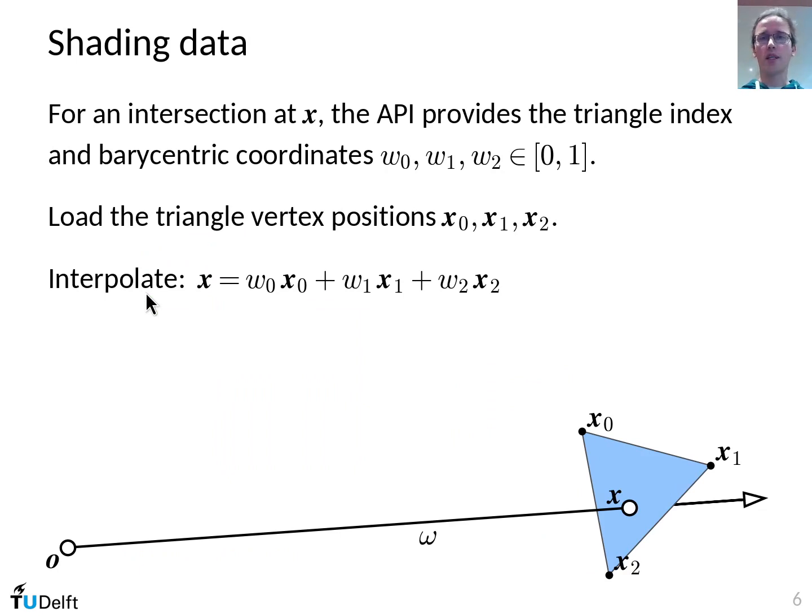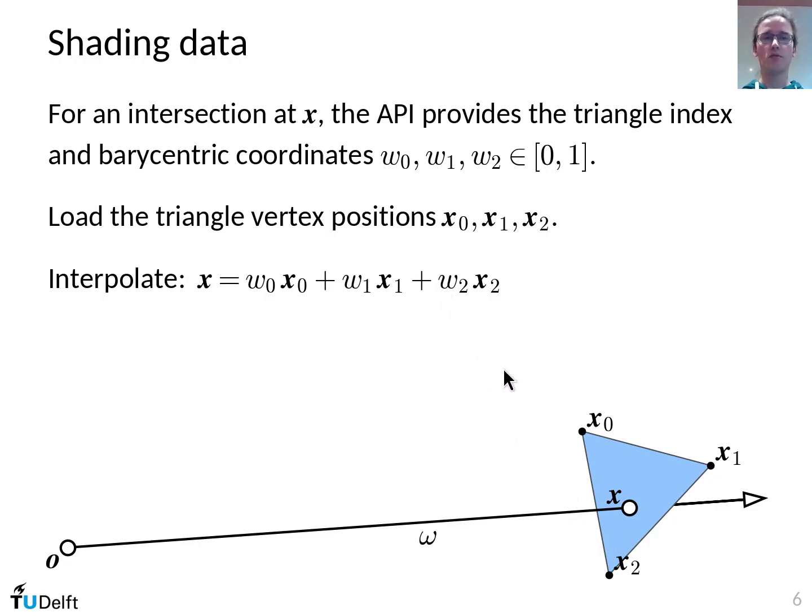Once we have found an intersection with a triangle, we of course want to know a bit more about this intersection. So the ray tracing API can provide us with additional information. Namely, it can tell us what is the index of this triangle, and it gives us so-called barycentric coordinates of the intersection point.